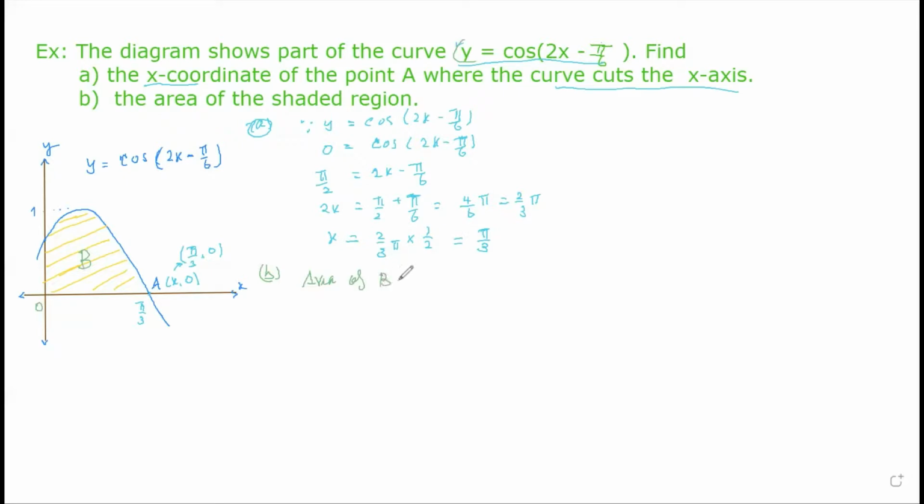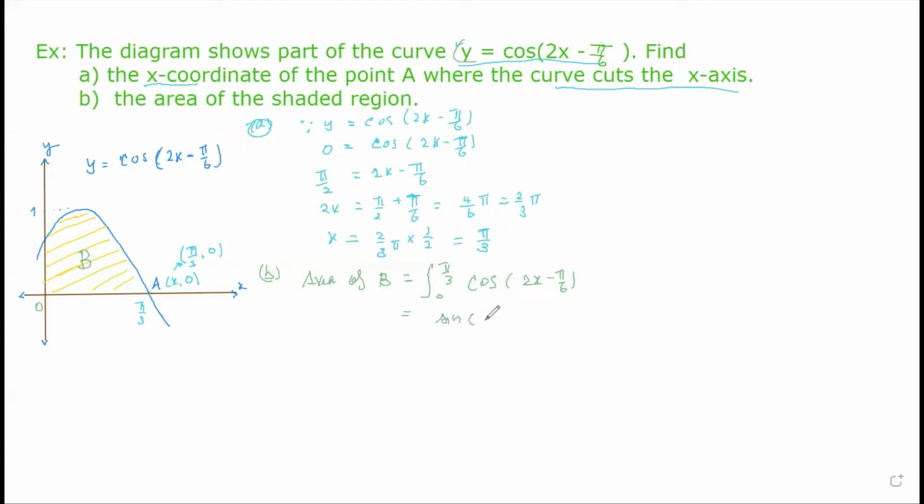will be equal to, what? Integrate from 0 to pi over 3. And write down this one, cosine 2x minus pi over 6. Okay, then we integrate this one. Integrate cosine, we have sine, right?